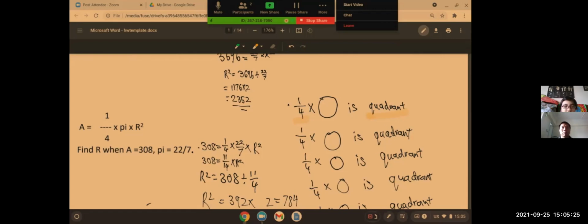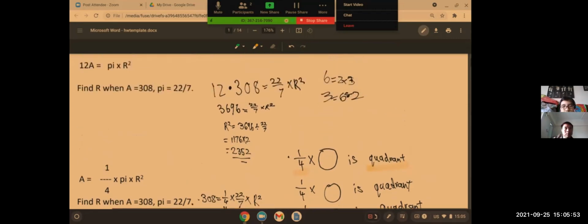Half circle is the number. Semicircle is the name. Can you differentiate these two now? Okay, good.